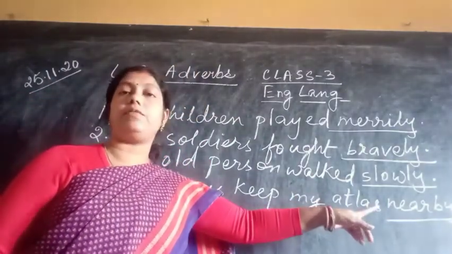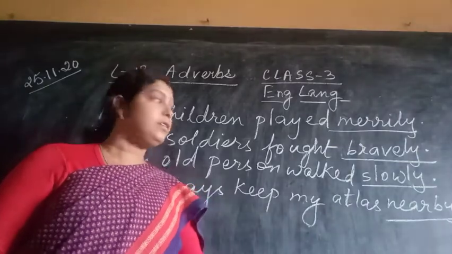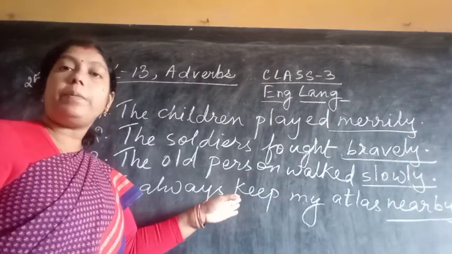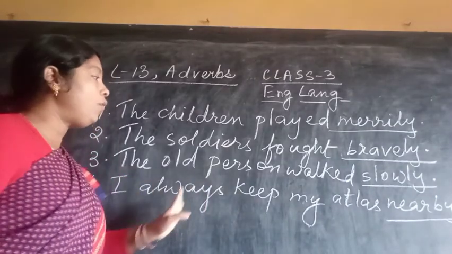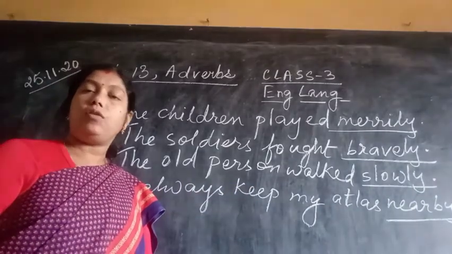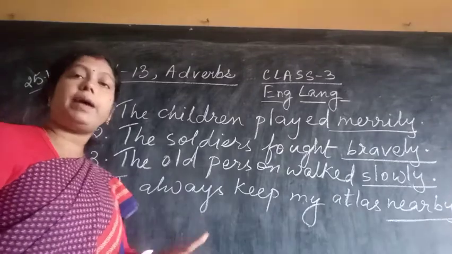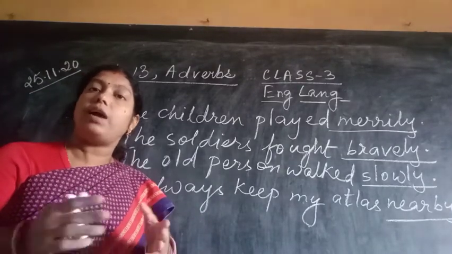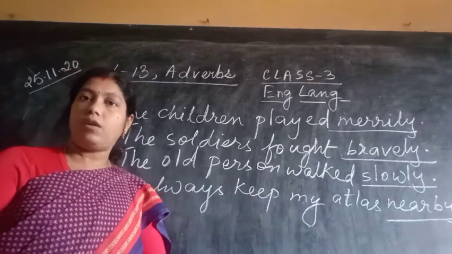Nearby. It tells us more about the verb keep. I always keep my atlas nearby. Now you see, nearby is showing an adverb of place. Where am I keeping it? Nearby.